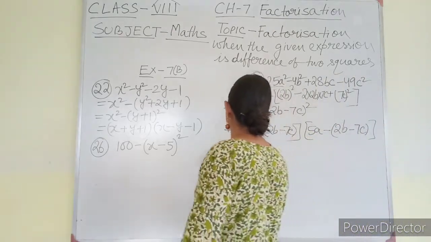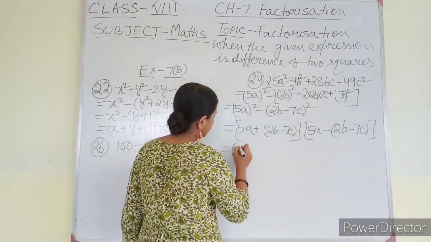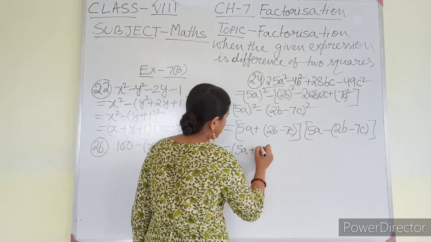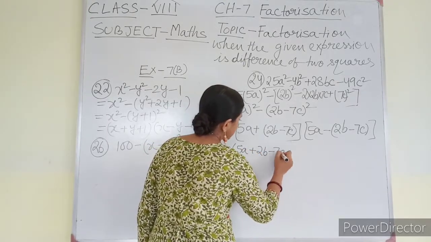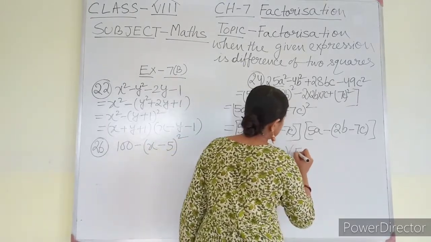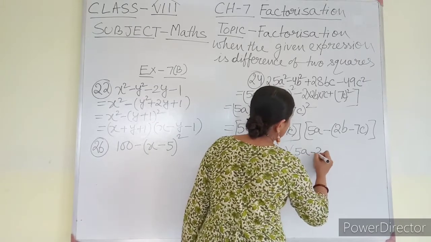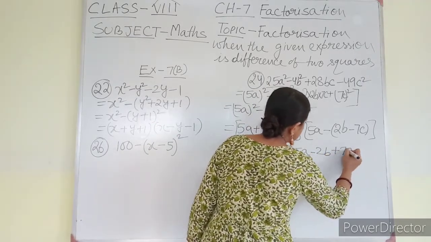Now if I want to open the bracket, my answer is 5a plus 2b minus 7c, and this one is 5a minus 2b plus 7c.